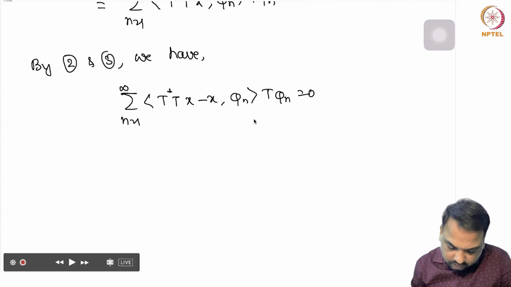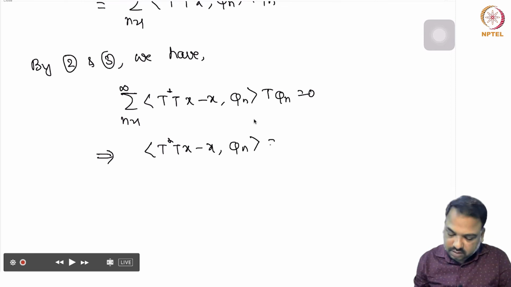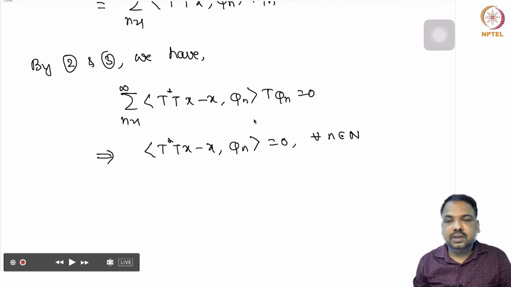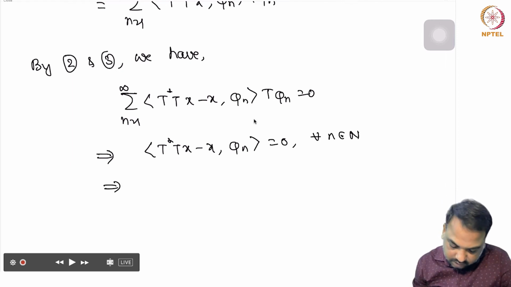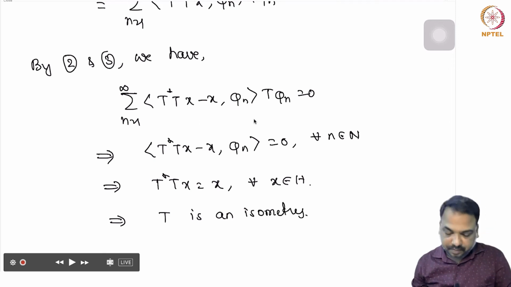From this we can conclude that inner product T*Tx minus x, with φn is 0 for every n in N, because Tφn is an orthonormal basis for range of T. So this implies T*Tx equals x for every x in H. That is, T is an isometry from the earlier characterization.